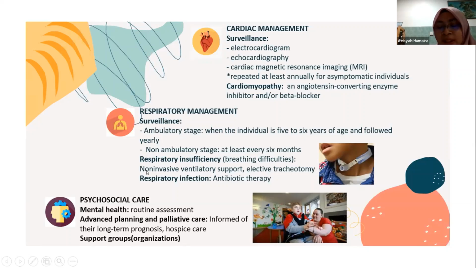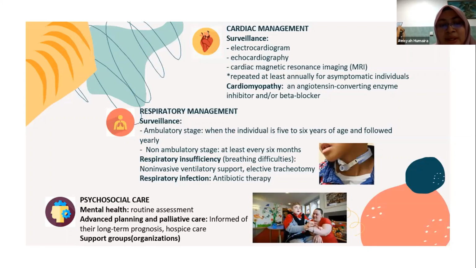Patients also need psychological care. There is a need for routine assessment of the patient's and the family's mental health. Patients may also need advance planning and palliative care, so the doctor may inform the patient of their long-term prognosis at their specific age.